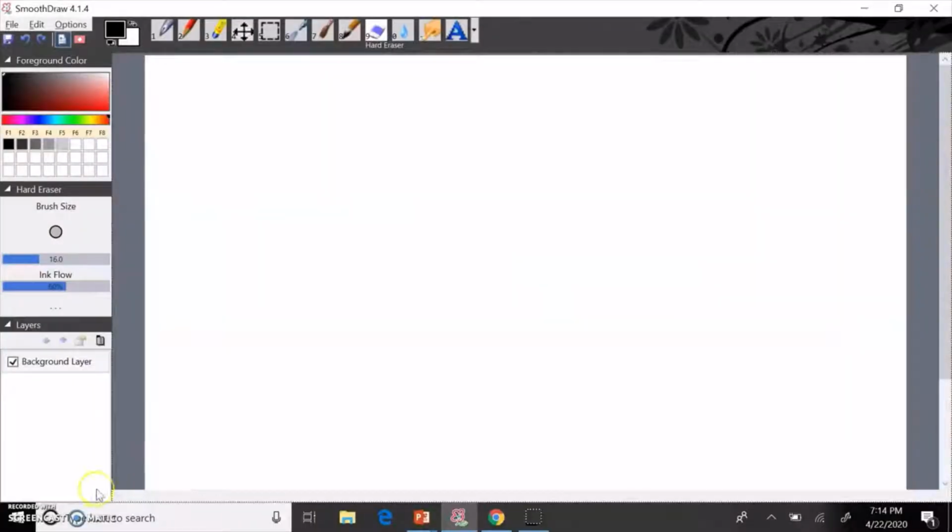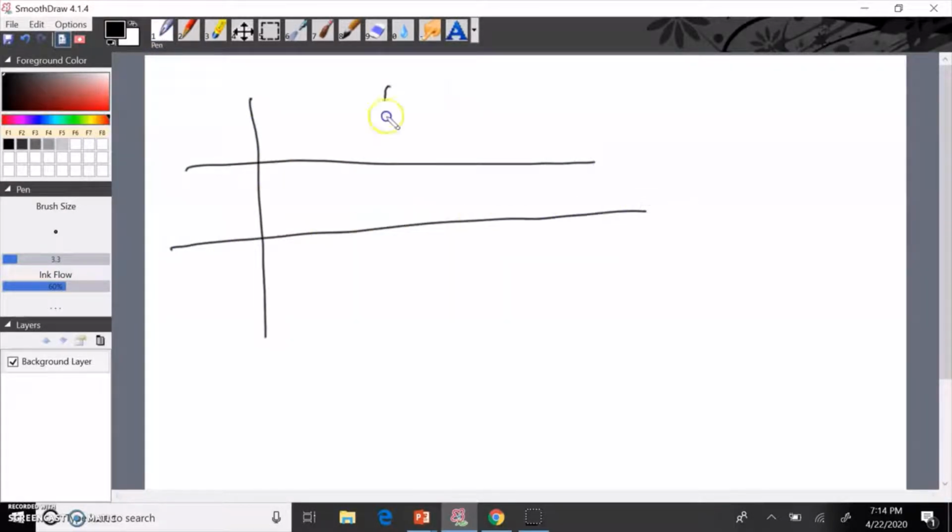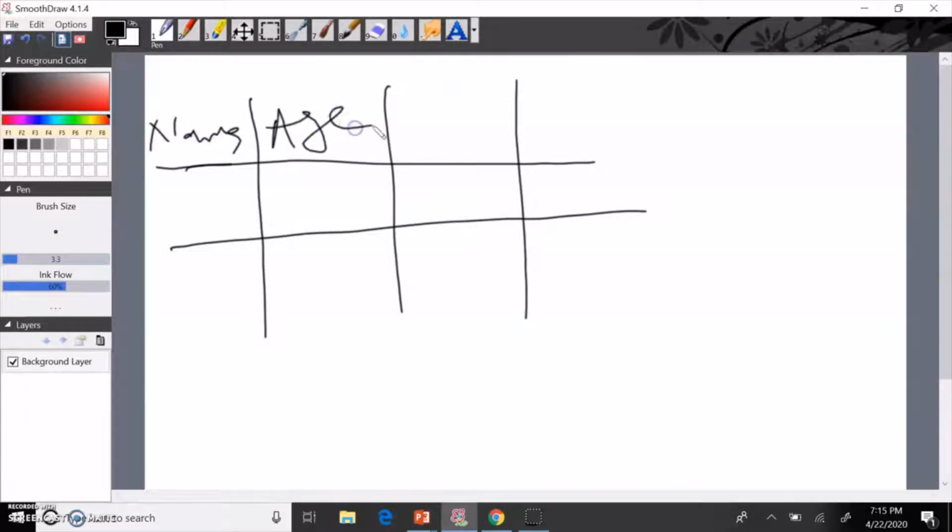For example, let's understand this particular table. Let me make a table here. Let's say in this table I have names, here I have the age, and here I have the height.